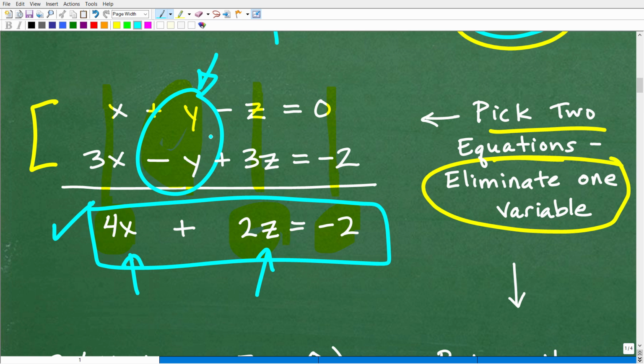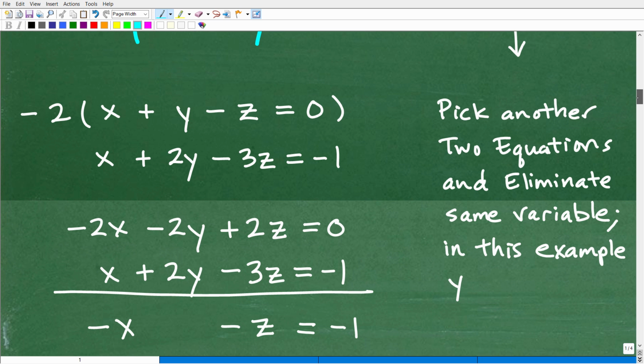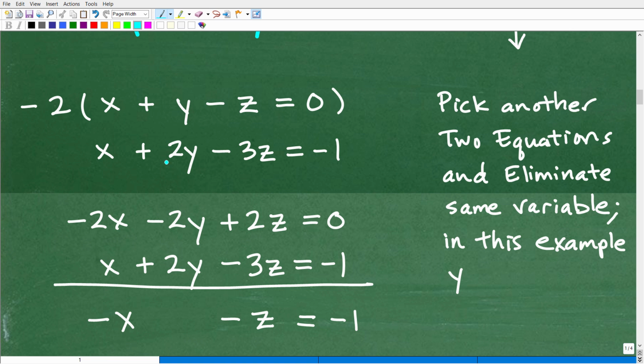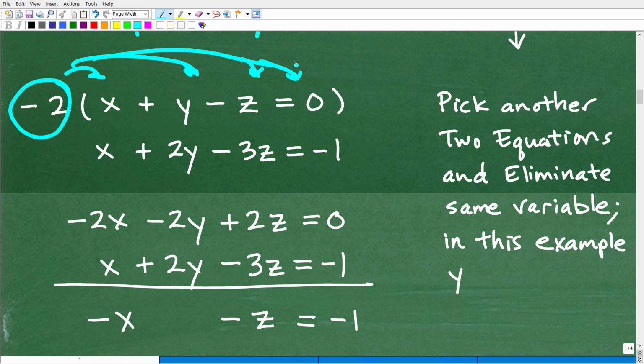All right, so we saw how we were easily able to eliminate y by just adding these two equations. This time, it's not too difficult to eliminate y again. So I'm going to take negative 2 and multiply it by our first equation. You can see the work right here. I have parentheses. Again, this should be very common to those of you that understand how to solve two variable systems.